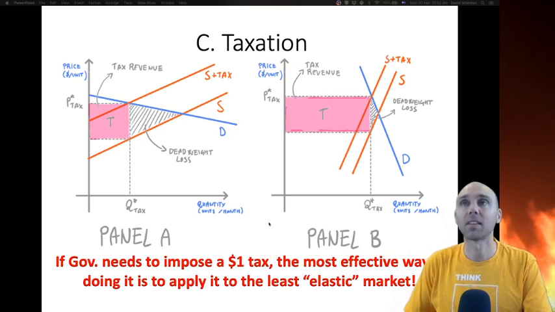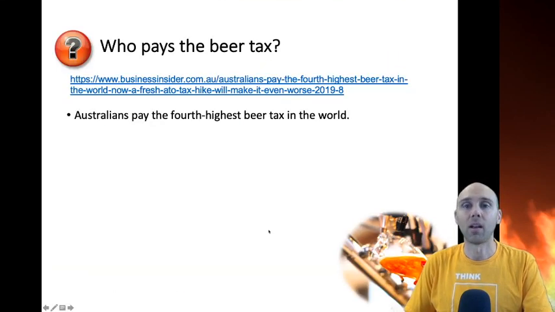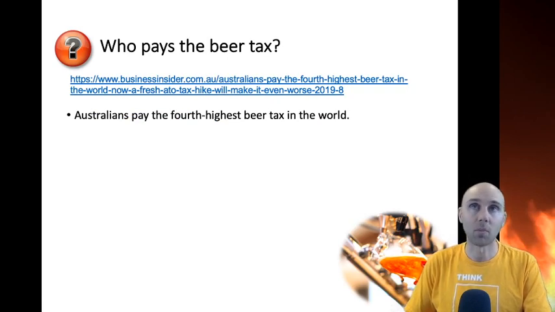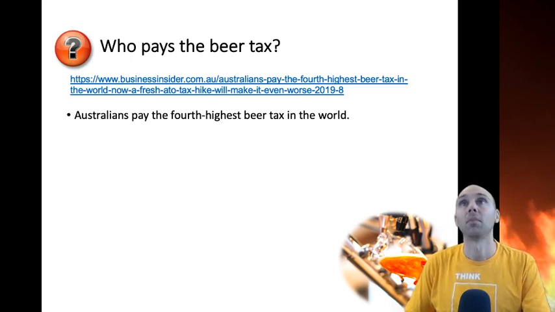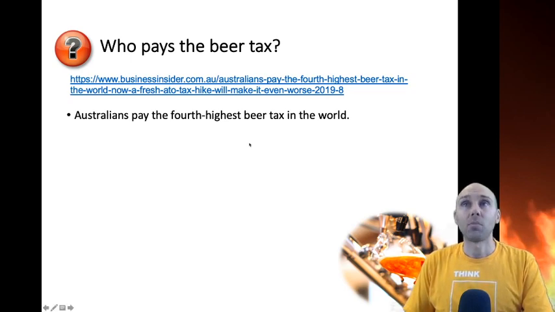And we've seen some examples already of this. For example, in the case of tampons, but also other markets where demand or supply are particularly inelastic. An example of this is beer.